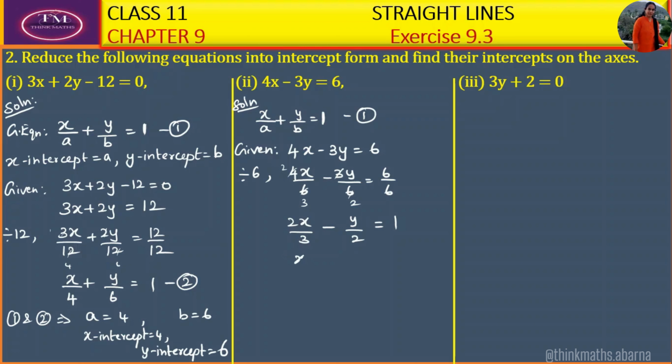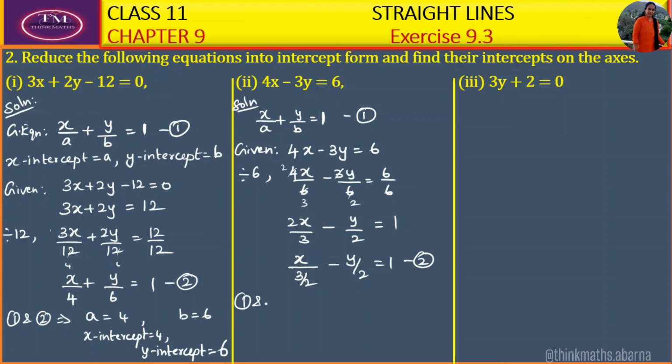So we can write this as x divided by 2 by 3, which can be written as x by 3 by 2. I need x divided by something, so 2 by 3 should be written as 3 by 2, minus y by 2 equal to 1.